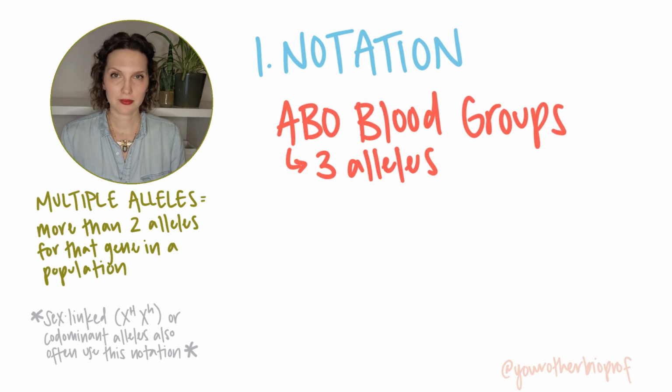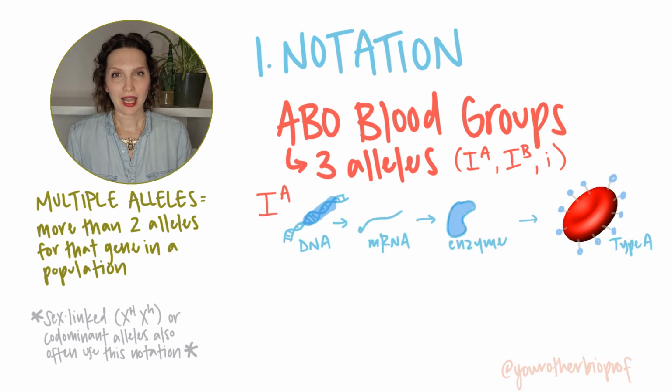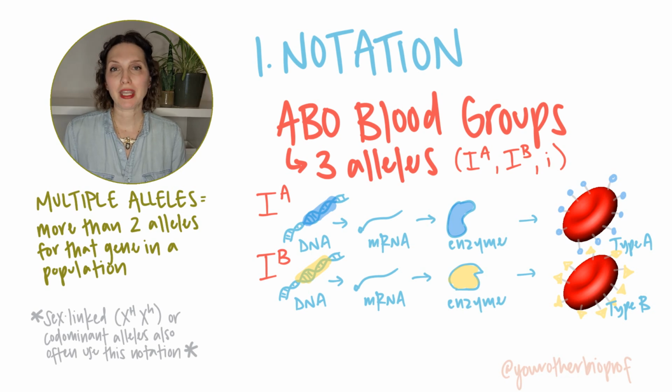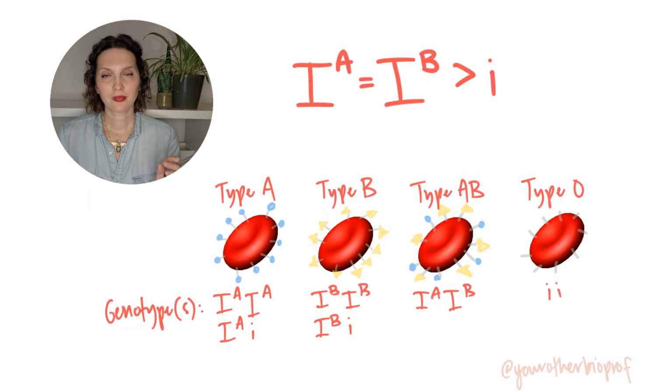to represent the alleles. The I stands for isoagglutinogen, which is another word for antigen, the proteins that determine the blood types. I gets the superscript A to indicate the A allele, and the superscript B to indicate the B allele. For the O allele, we use lowercase i to indicate that it's recessive to both the A and B alleles.